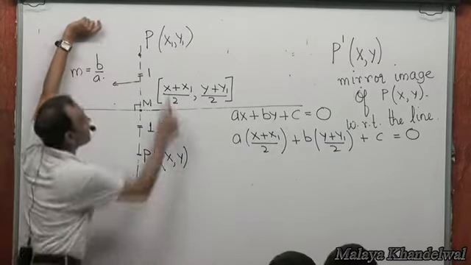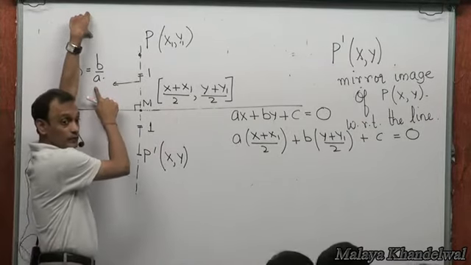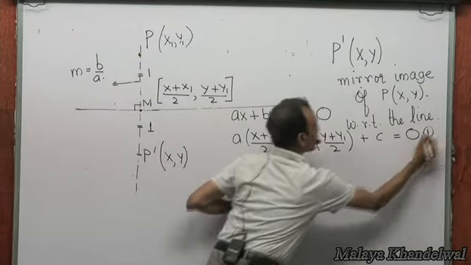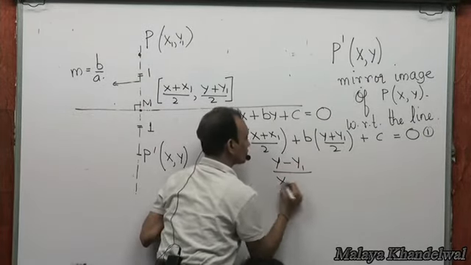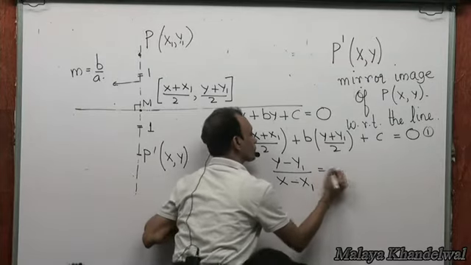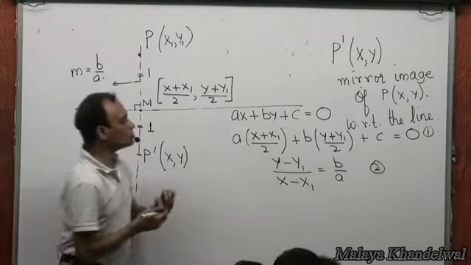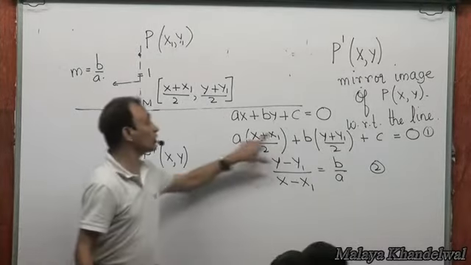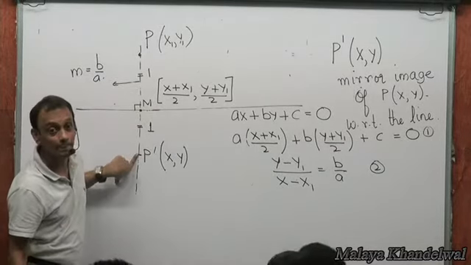Also, (y minus y1) by (x minus x1) must be the slope of this line, b by a. How many unknowns? 2 unknowns, x and y, and how many equations? 2 equations. You can solve for x and y from these 2 equations and get the mirror image of P.